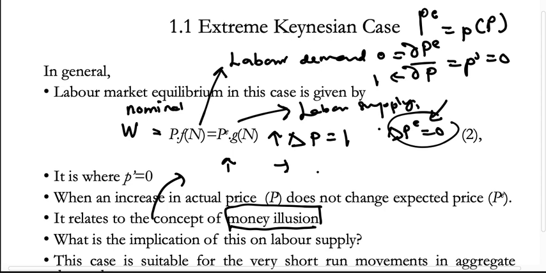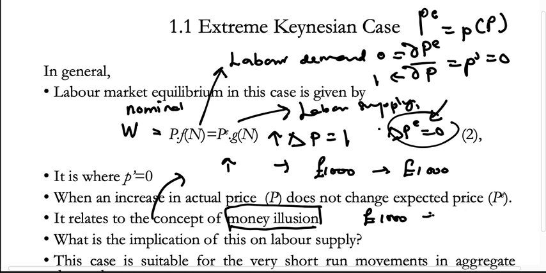Let's say you receive £1,000 this month. So you can buy £1,000 worth of goods and services, isn't it? And let's say next year there's no increment in your income, so you receive £1,000 as well.